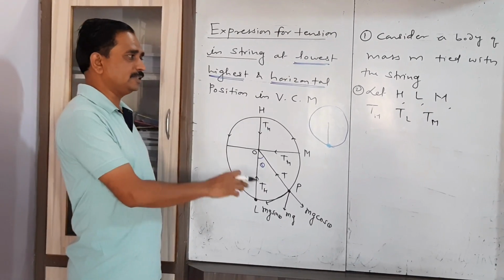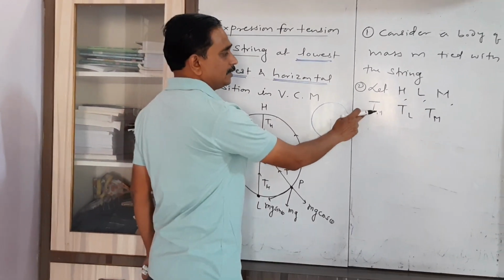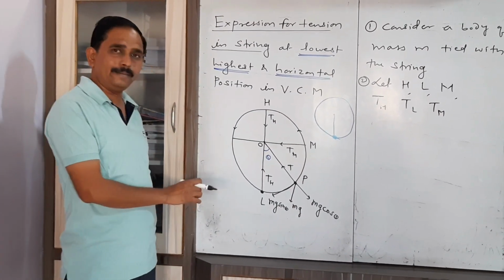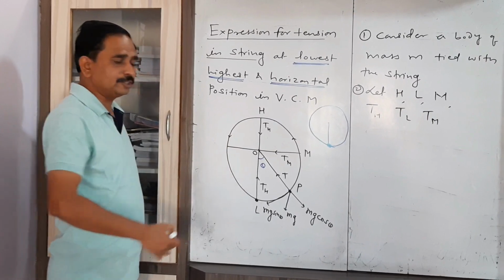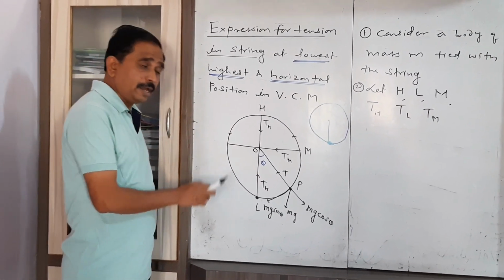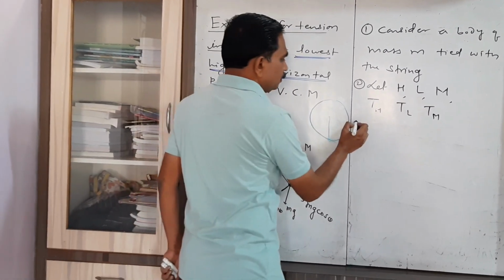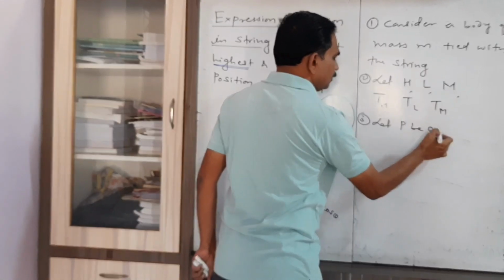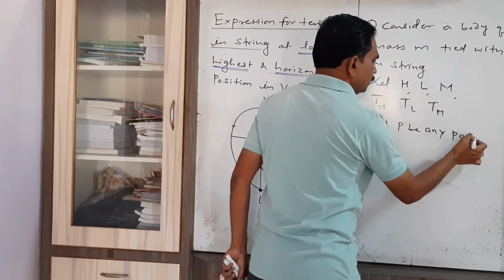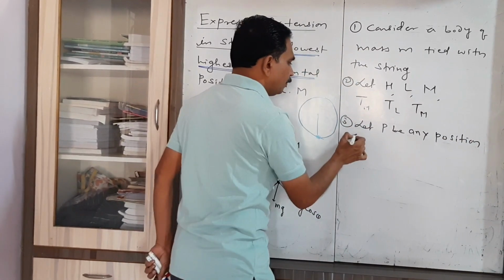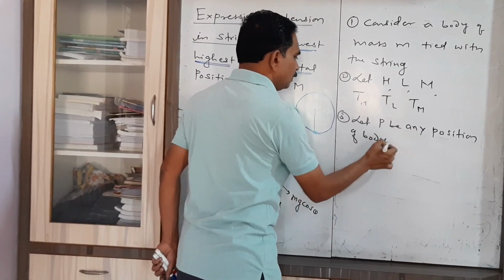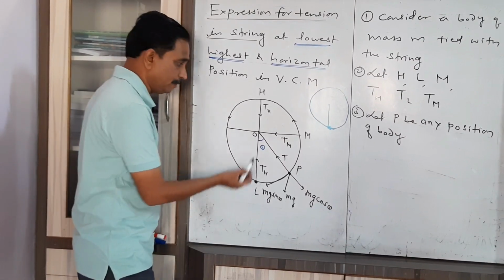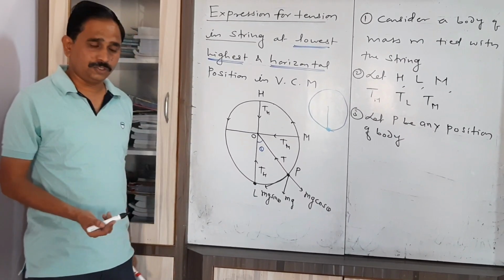We have to consider the tension at these three positions as tension at highest, tension at lowest and tension at middle. Now in order to find the tension at various positions, let us consider any position P. So let P be any position of the body in such a way that it makes the angle theta with the vertical position.